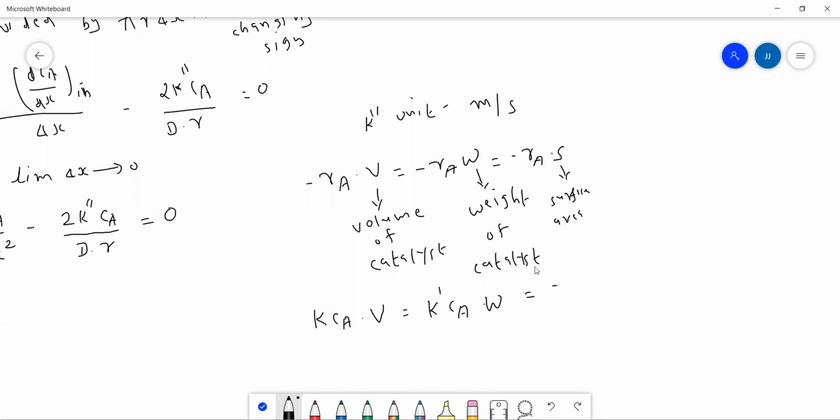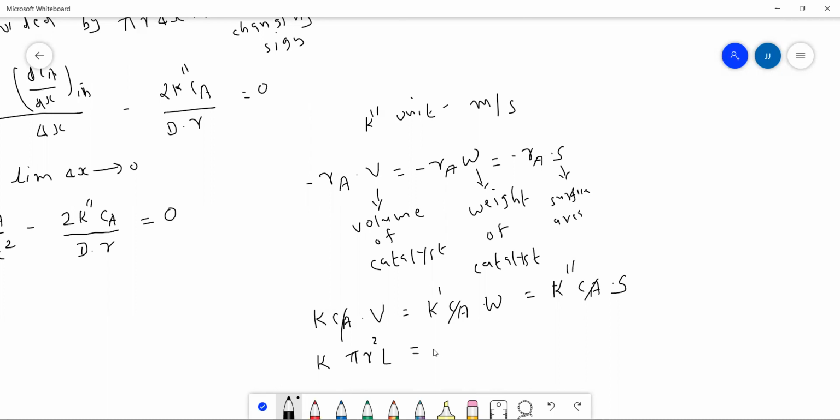We have already taken the rate based upon the surface area, so minus Ra becomes K double dash CA into S. CA gets cancelled out, so this equation becomes K times V, the volume of reactor, which is K pi R square into length, the cross section area times the length.